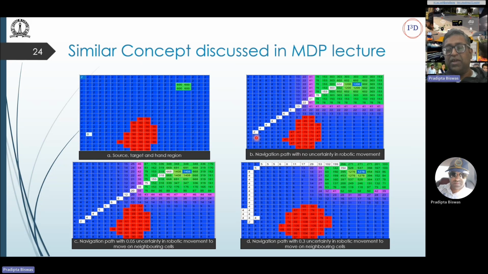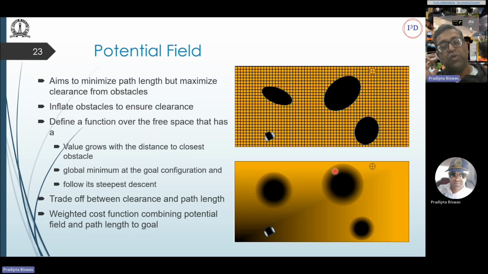And the result is the motion path is much smaller here, almost like a straight line, but here it is longer. So in potential field also, we grow the size of the obstacle to maintain a minimum clearance from the obstacle, at the trade-off that the path length may increase and may become suboptimal.